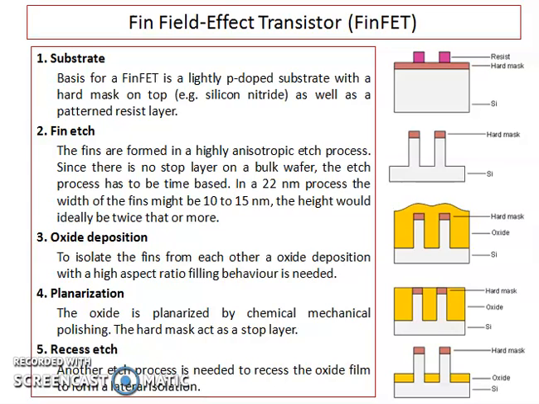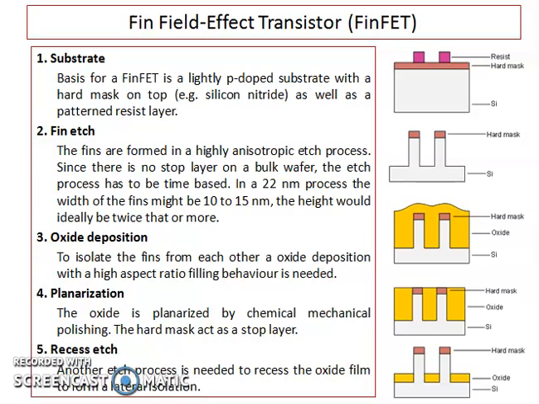On the top we have a hard mask as well as a patterned resist layer. So we will find that we have a silicon layer and a hard mask is placed over this, and a patterned resist layer is formed to have the fins.